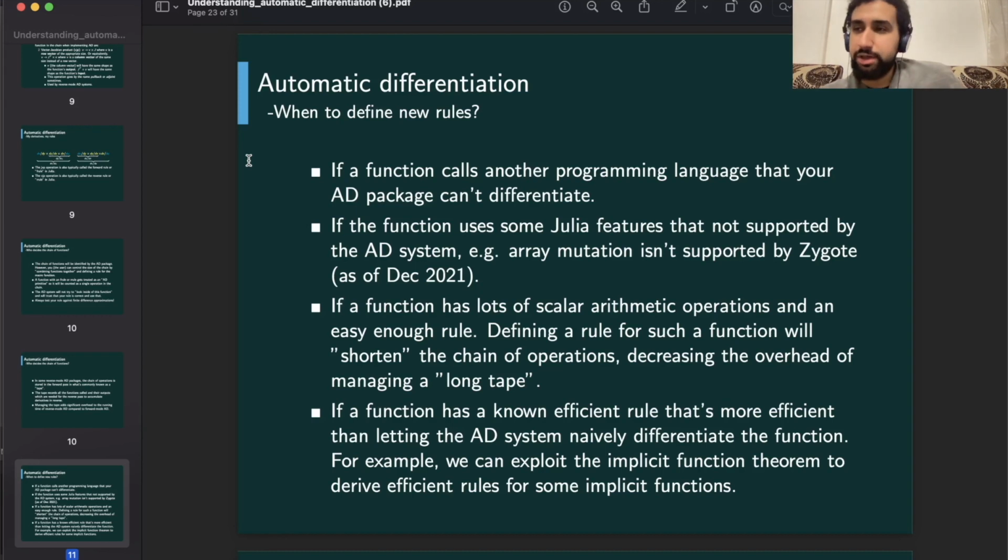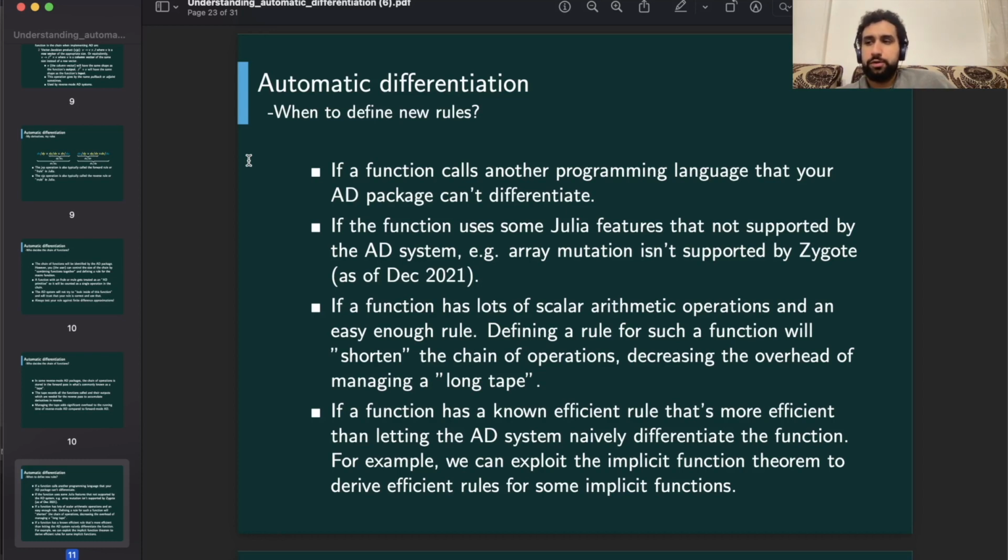I think there's a tutorial somewhere on that on YouTube, but technically it's possible to talk to other languages' AD systems using this rule concept. So you define a rule, and the rule basically just calls PyTorch, for example, right? And that's another thing: a rule here doesn't necessarily have to be something that you manually derive yourself. Sometimes a rule can be used to also redirect your differentiation to use another system.